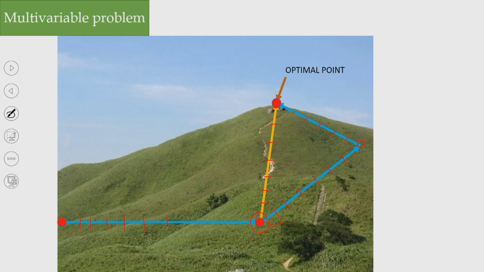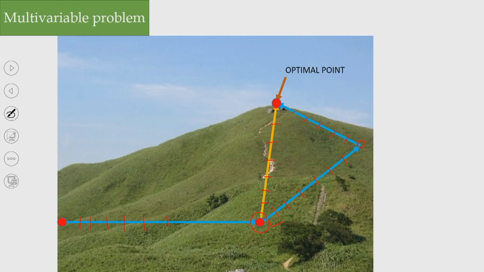So, the idea of solving a multivariable problem is to convert the problem to a single variable problem, and then apply the line search techniques you have already learned, that is the golden section search method, then the interval halving method, the Newton-Raphson method, and the bisection method.